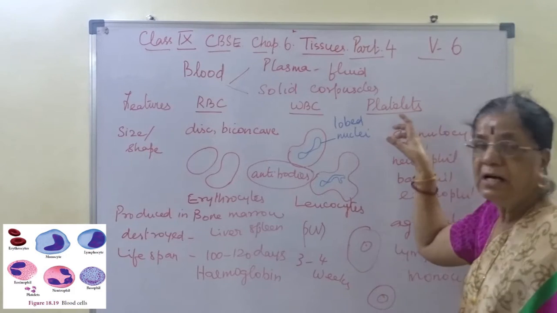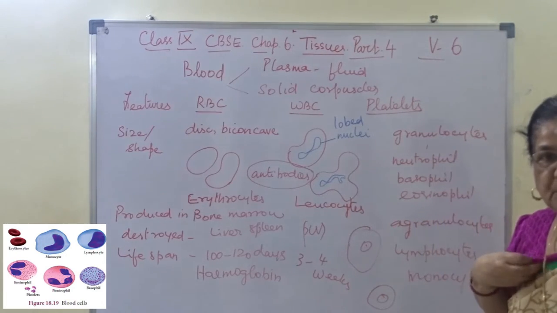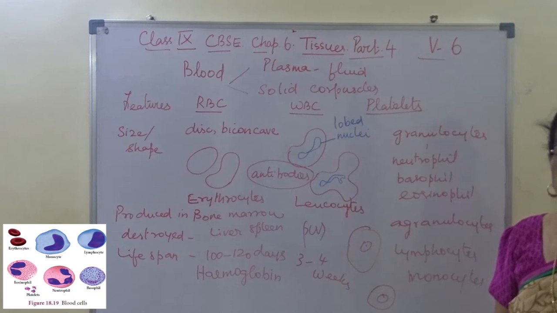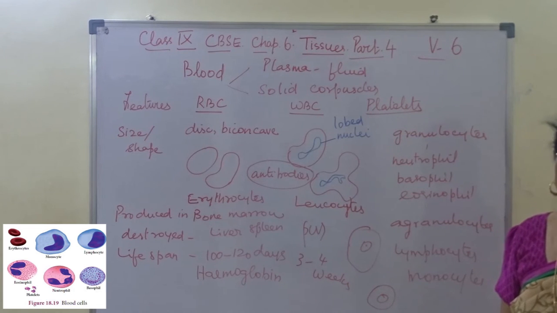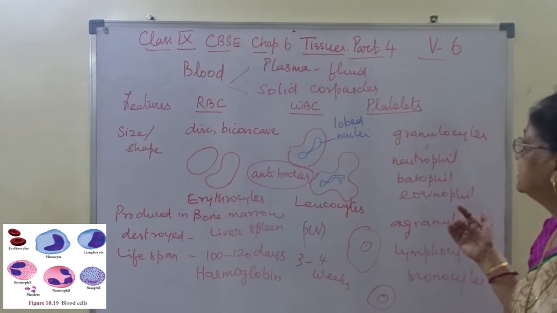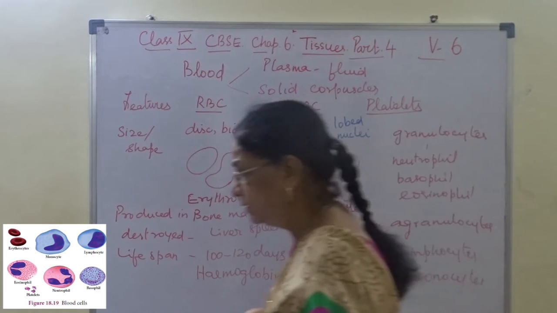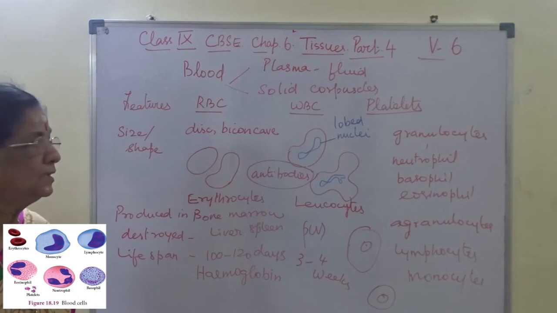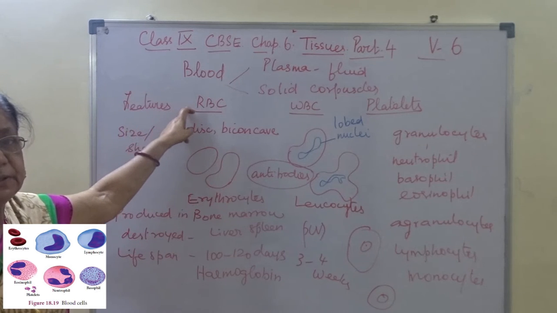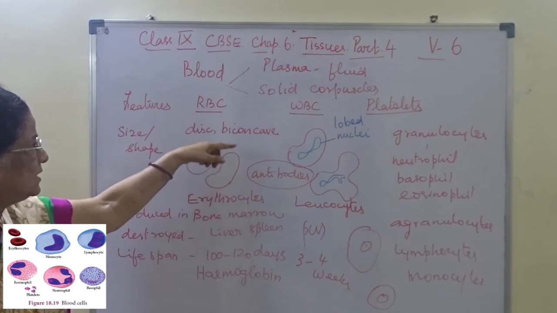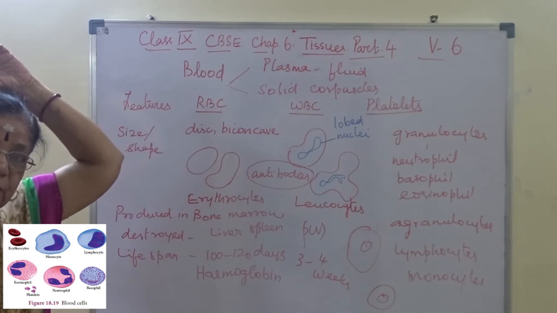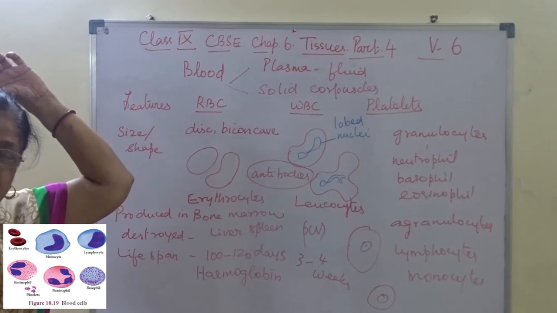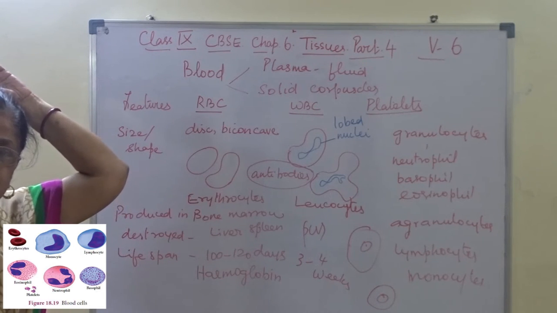In the same way, fibrinogen protein will combine with the blood platelets that take part in blood clotting. That is for the solid corpuscles of blood: RBC, red blood corpuscles or erythrocytes; WBC, white blood corpuscles or leukocytes; and blood platelets, normally from megakaryocytes.